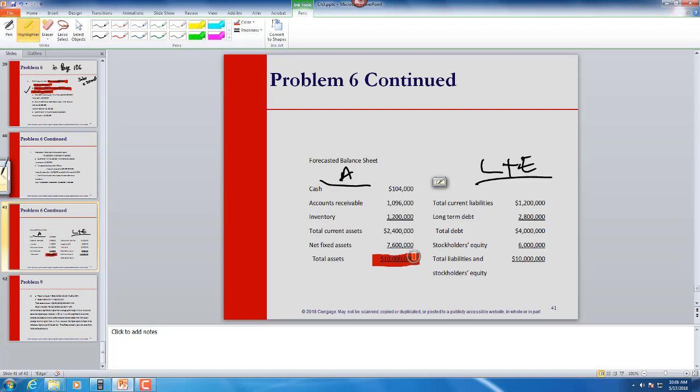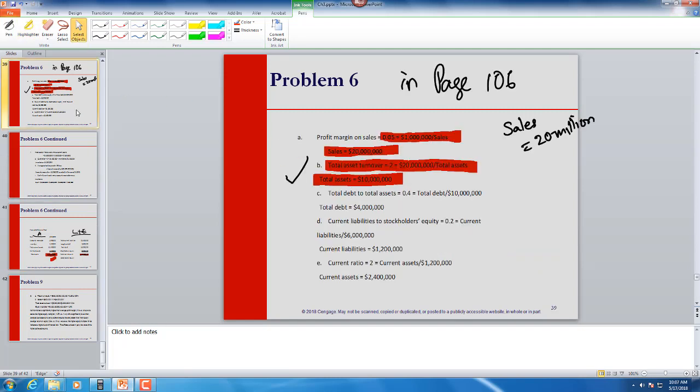Now, if total assets is 10 million, that means total liabilities and shareholders' equity is also 10 million. Remember, on the balance sheet, assets equal liabilities plus equity. So if we know this is 10, we know this is 10 too. So we already got started. Now, let us see.